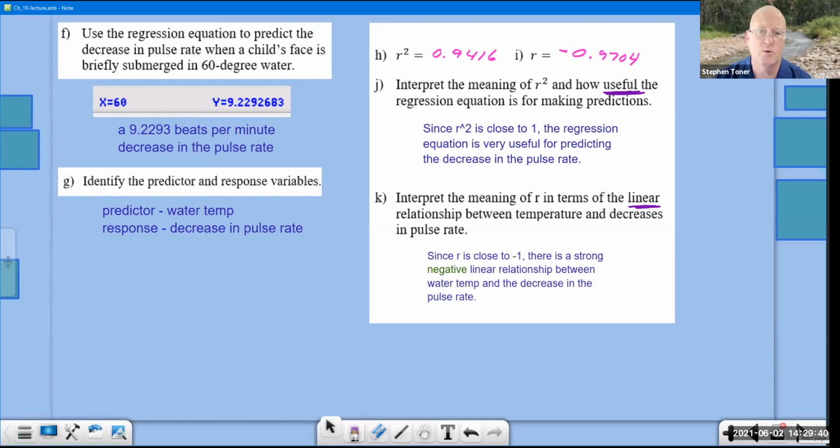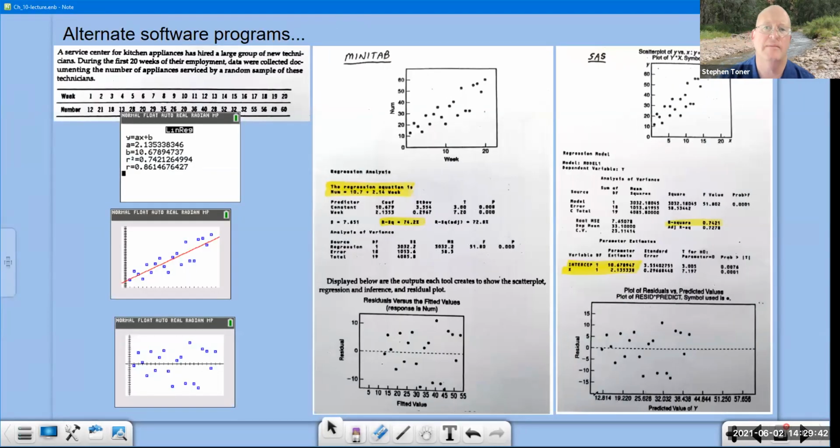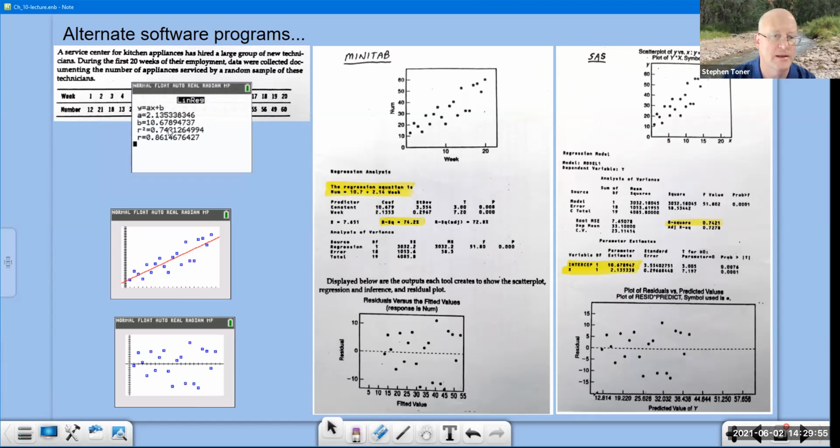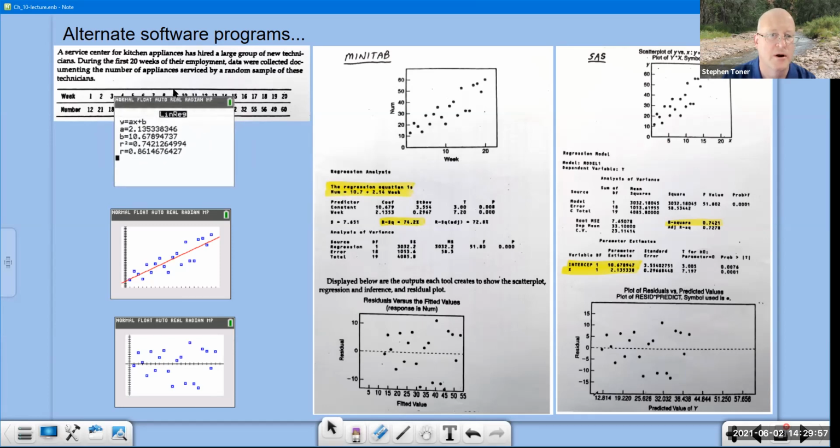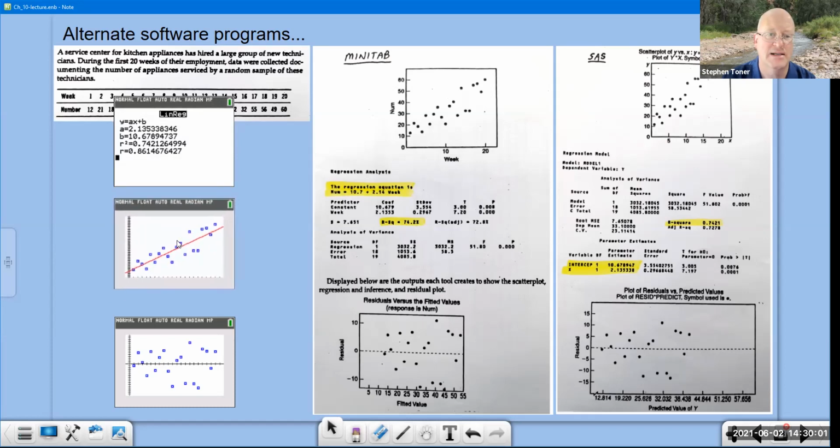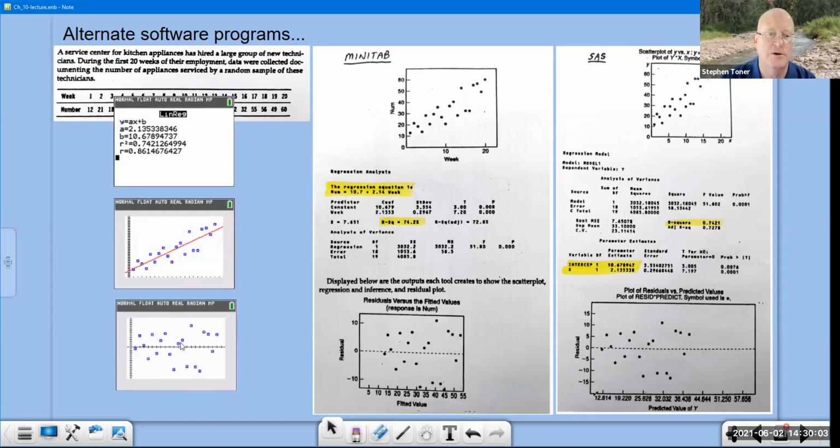Okay, the next thing I want to move on to is to talk about different technologies. You are getting used to doing things on our graphing calculator, and if you were able to read this problem, you know how I can go and type it in and get this output screen here, which is our regression equation. You know how we can graph the data itself, and we've shown you how you can find a residual plot. Well, that's using our graphing calculator.